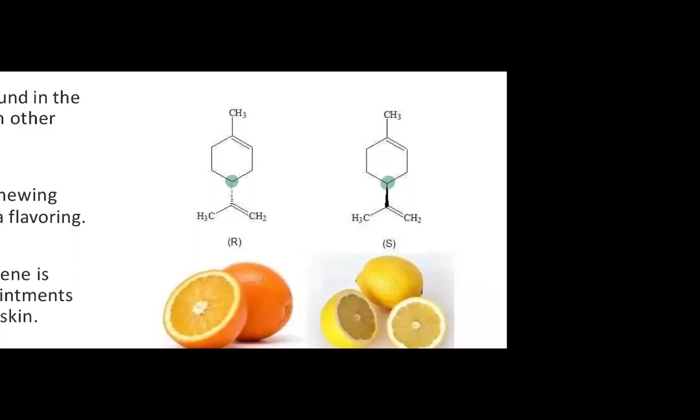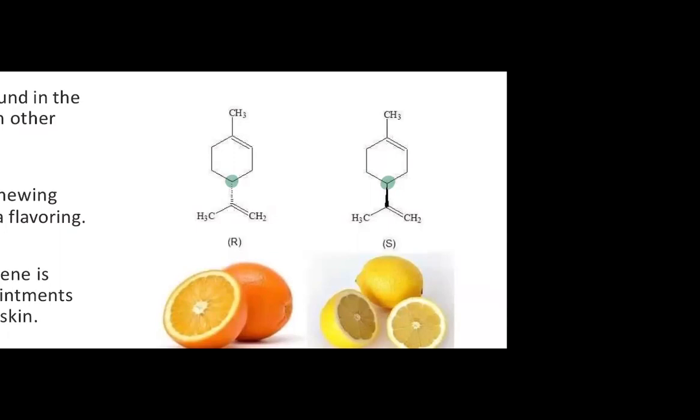The S configuration in limonene is what gives you the taste of lemons, 1 chiral center. So these 2 enantiomers have completely different properties based on 1 carbon that is putting one of its groups spatially different, okay?